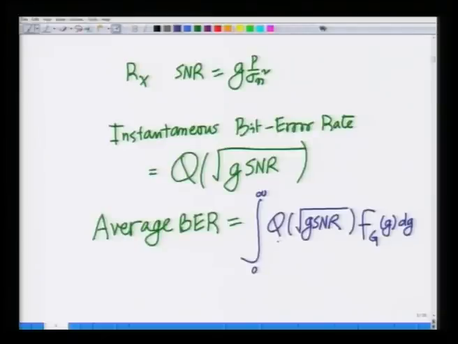I am taking Q of square root of g SNR, which is the instantaneous SNR, and I am averaging it over the distribution of g, which is essentially a chi-squared distribution with 2L degrees of freedom. All right. So, this is the distribution of the gain g.